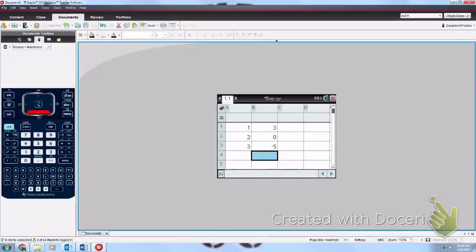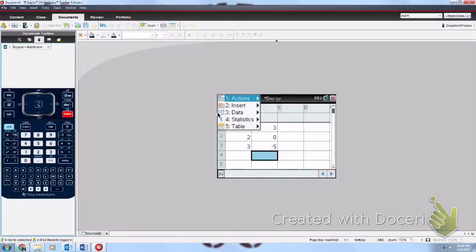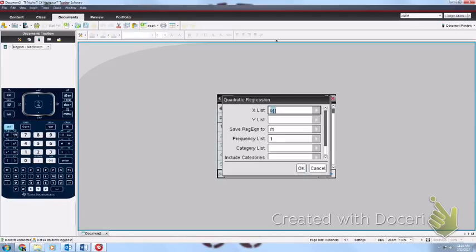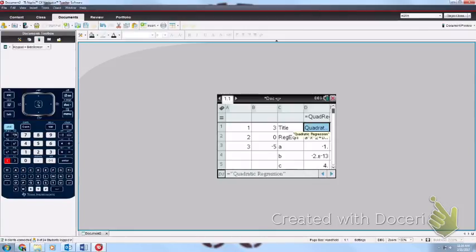I'm going to hit Menu, Statistics, stat calculations, and you'll see option 6 is a quadratic regression. Again, we want A to be the X list, B to be the Y list, and we have our quadratic regression. You'll see that this right here for B is an extremely small number.